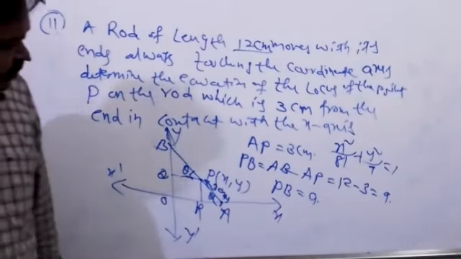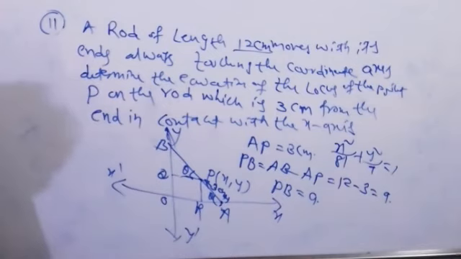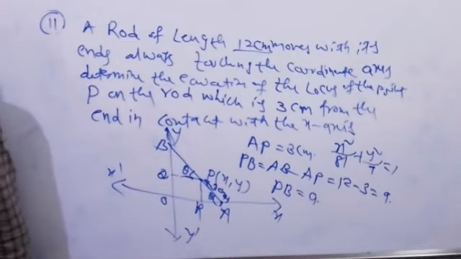The final answer is an ellipse only, not a circle, not a parabola. Yes, sir, but initially we can't get it. It is only after solving it by the locus method that we get an ellipse. It is not necessary for it to be an ellipse in the beginning, right? We are finding the answer by applying locus.